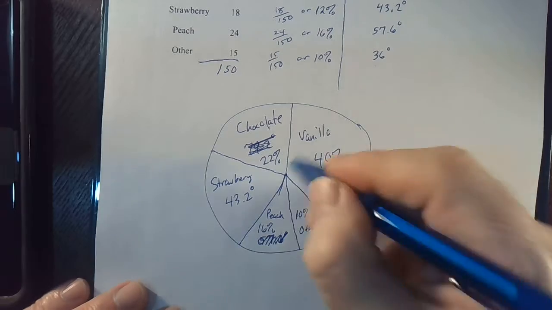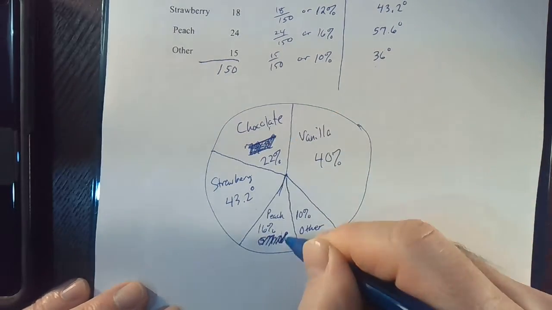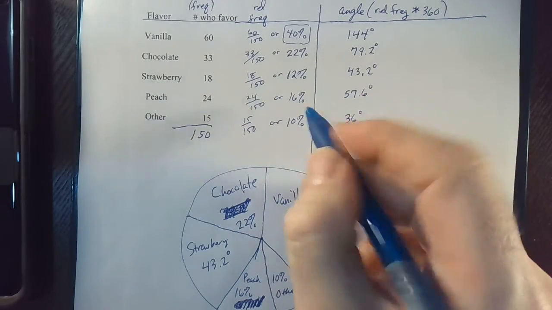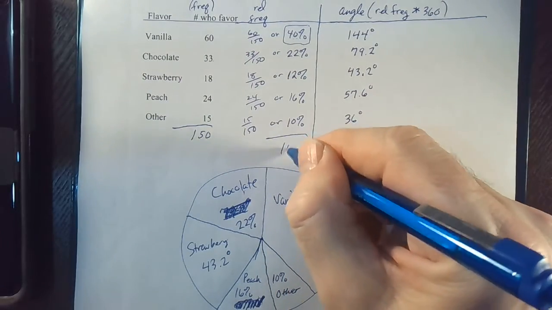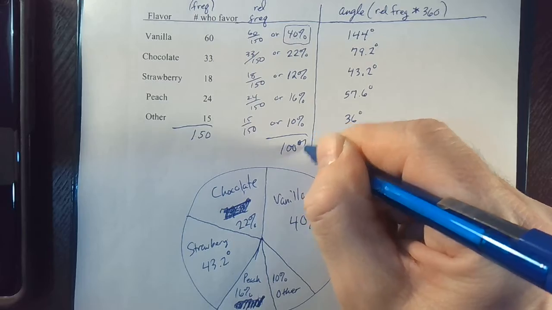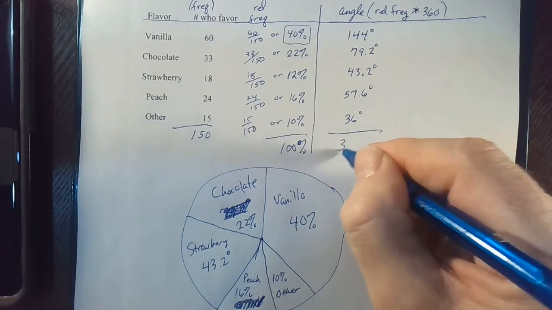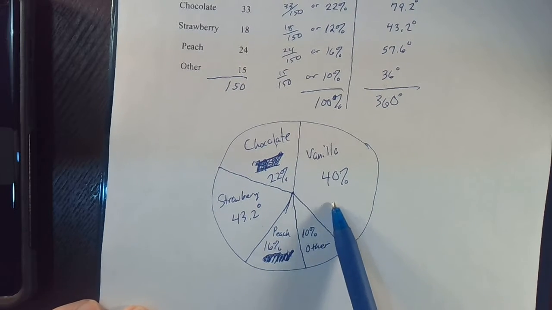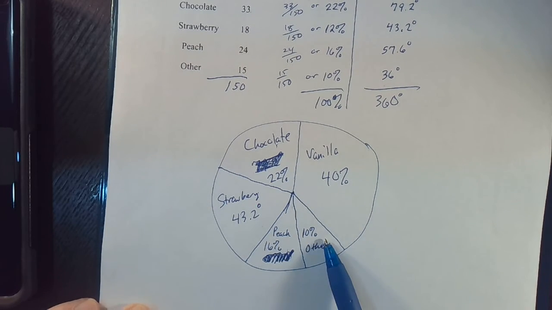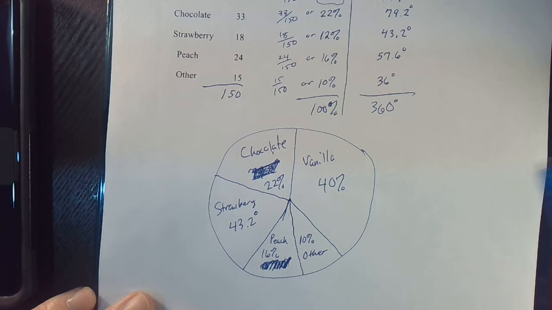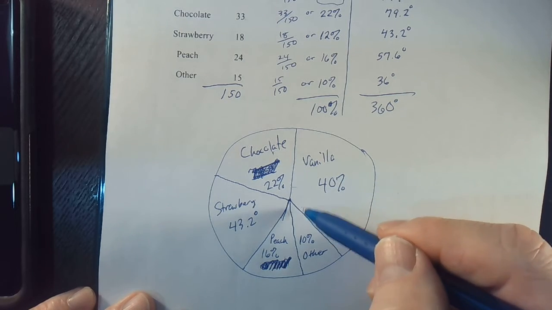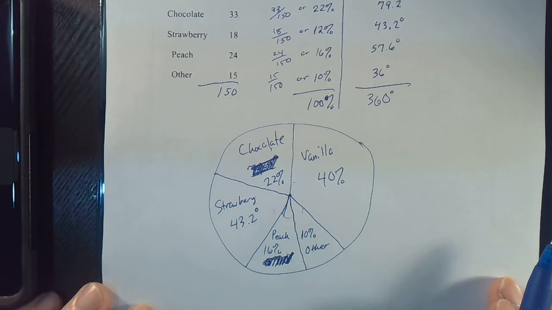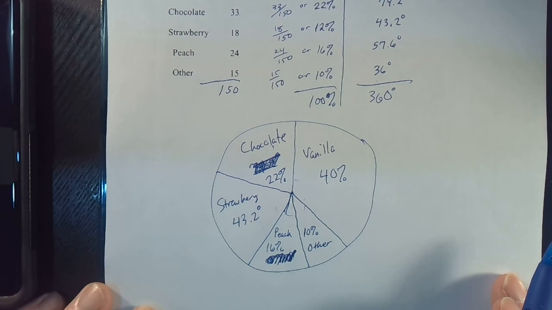Okay, so I apologize for my scribbling out. But once again, just like this will add up to 100%, and this would add up to 360 degrees, if you add up all of the percentages in here, you're going to add up to 100%. Just as if you added up all these angles, you'd get 360 degrees. So mine's a little bit messy, I apologize for that.